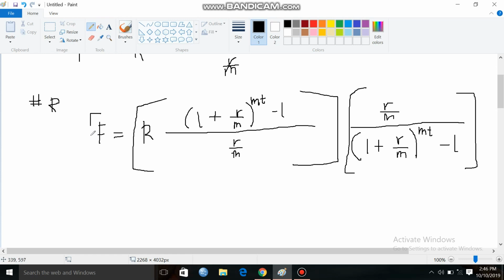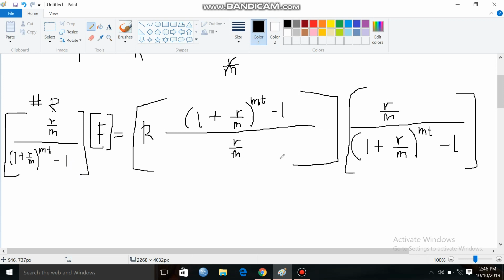And so with this, we have r over m, quantity 1 plus r over m, to the mt, minus 1.